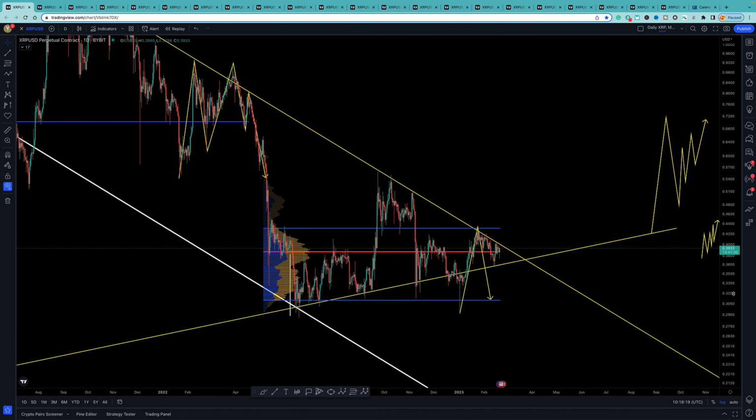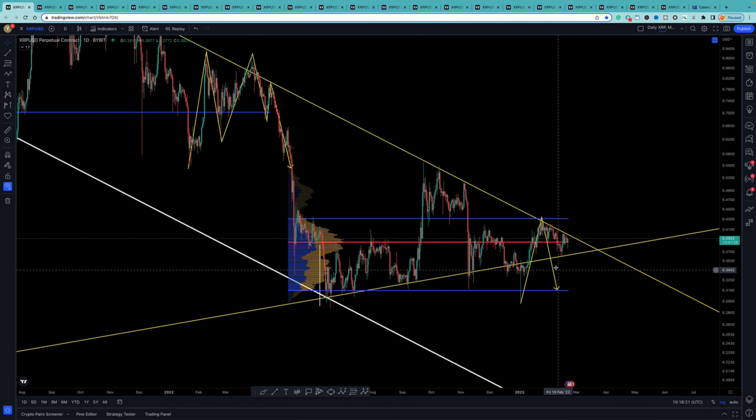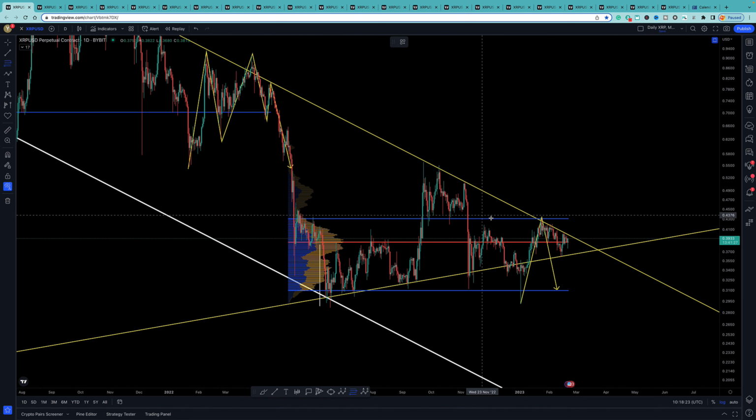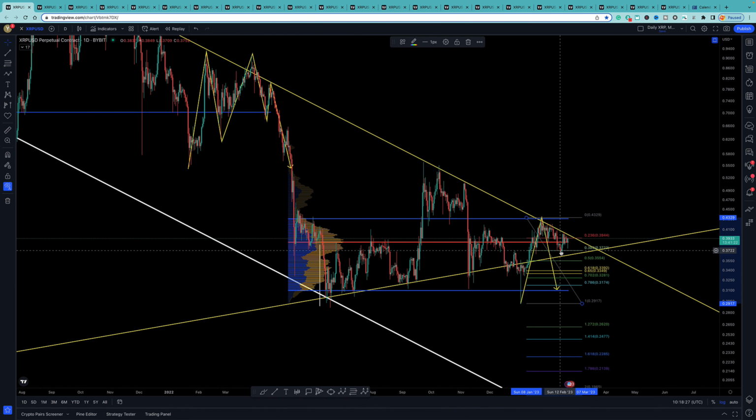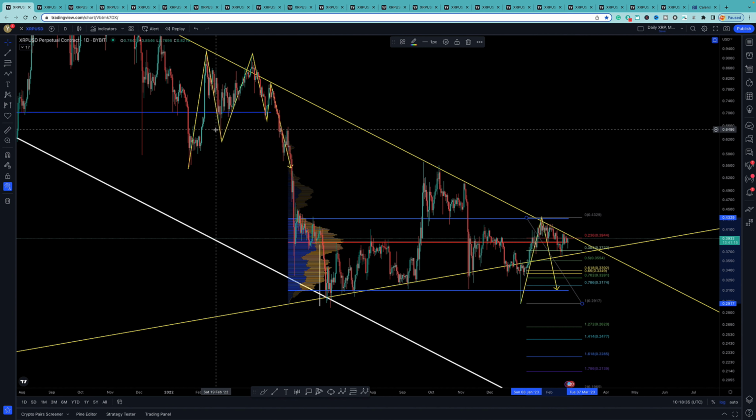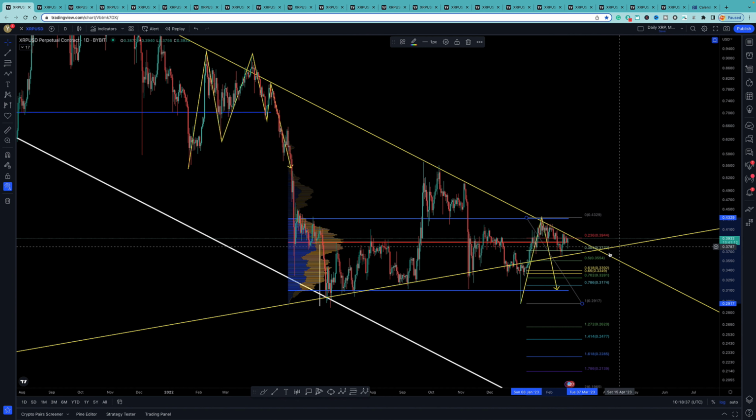Where here, as it stands, this correction hasn't even touched the 0.5. It's bouncing off the 382. So now we're not getting this correction at the moment, and we've got a touch here.